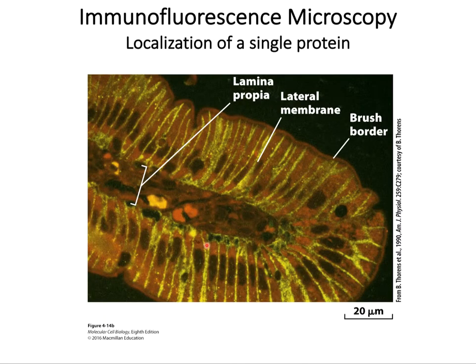So here are some examples of immunofluorescence microscopy. A specific protein can be localized in fixed tissue sections by indirect immunofluorescence microscopy.